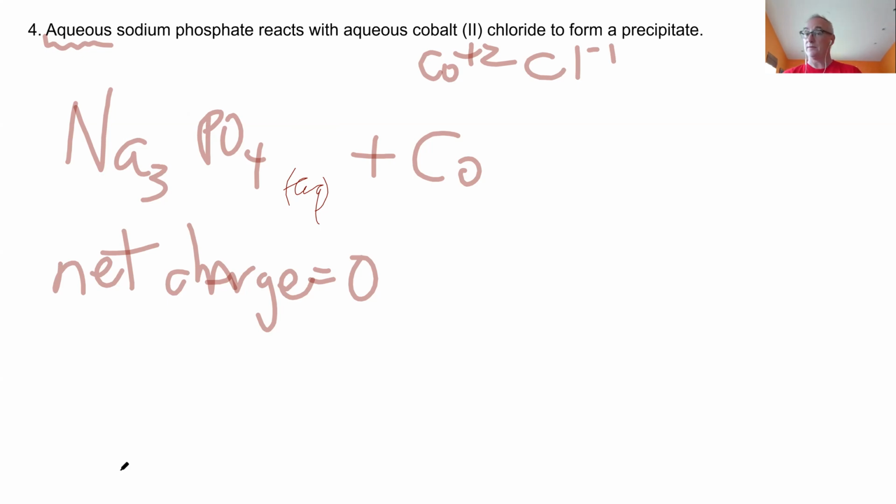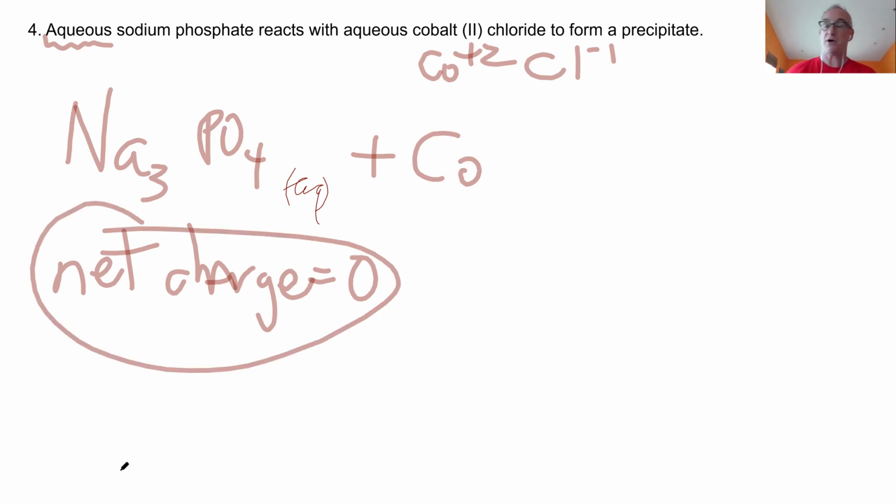We'll learn why that is next week. So to balance the charges, just like any ionic compound means no net charge, we need to have 2 chlorines there. And so we have +2, -2, everybody's happy. And then remember, we put our AQ there.